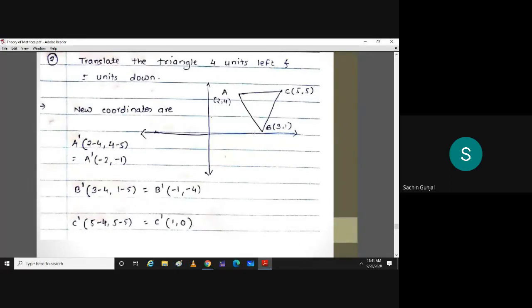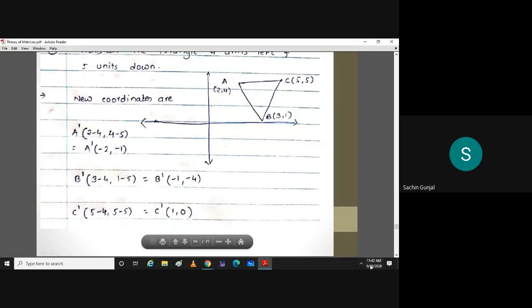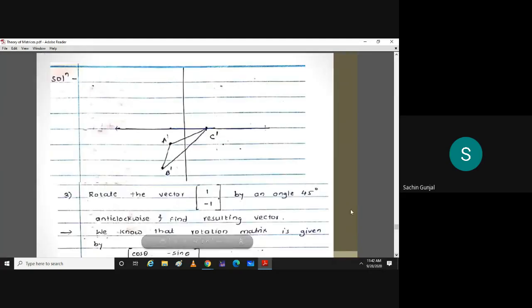Then point B will become 3 - 4 and 1 - 5, that is -1, -4. And 5, 5 will become 5 - 4, 5 - 5, that is 1, 0.